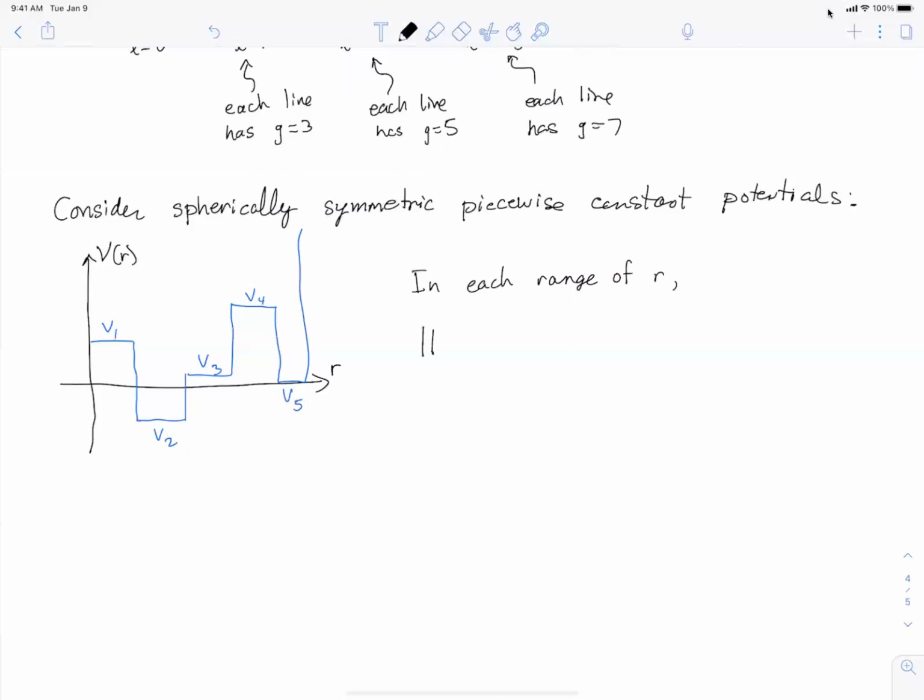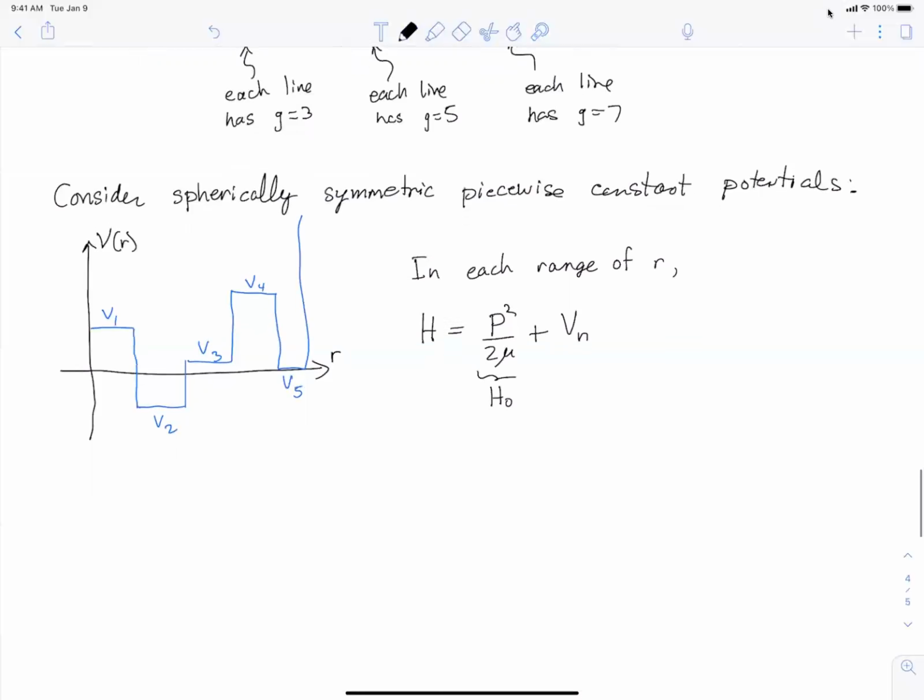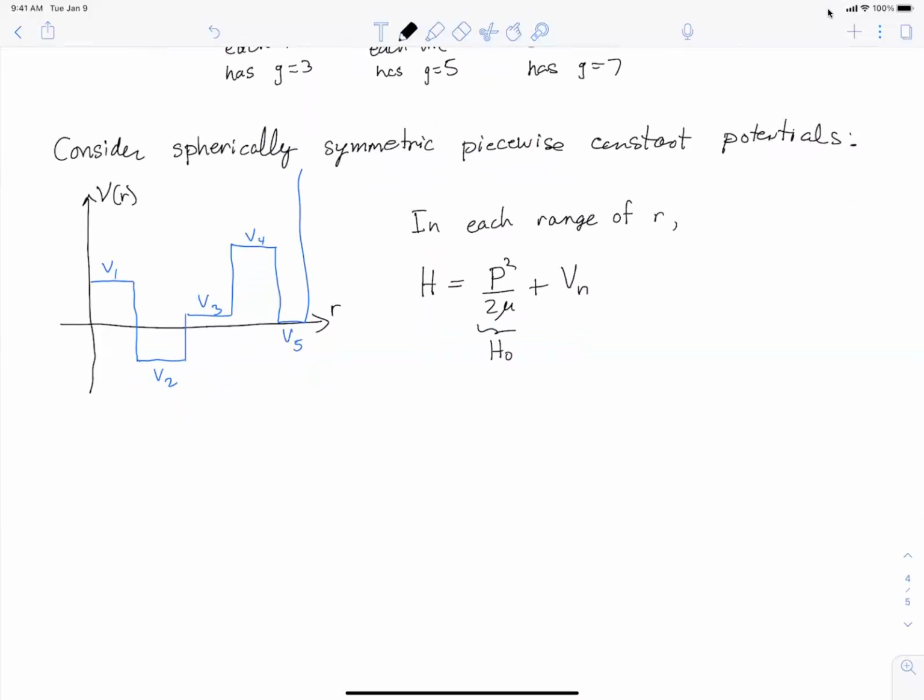Because the Hamiltonian is the total momentum squared over twice the mass plus some constant V sub n. Okay, this I can call my free Hamiltonian. And so what does the eigenvalue equation for that look like?